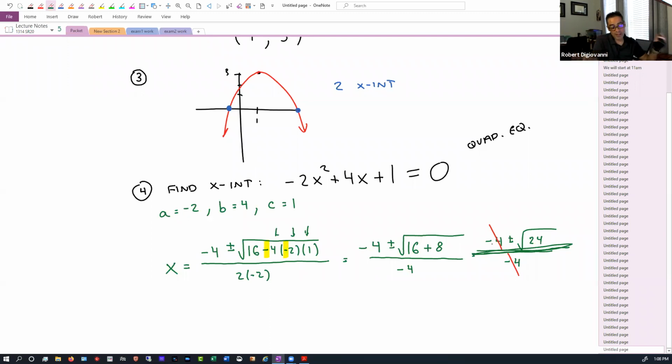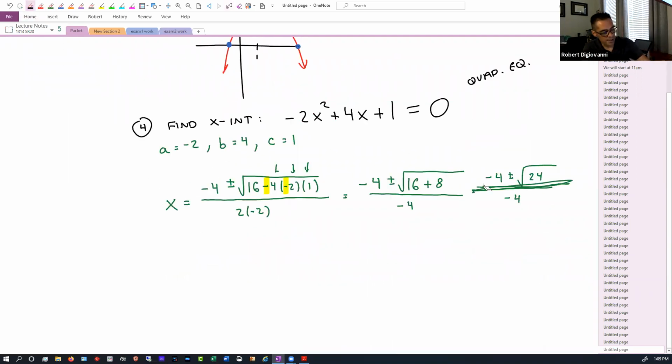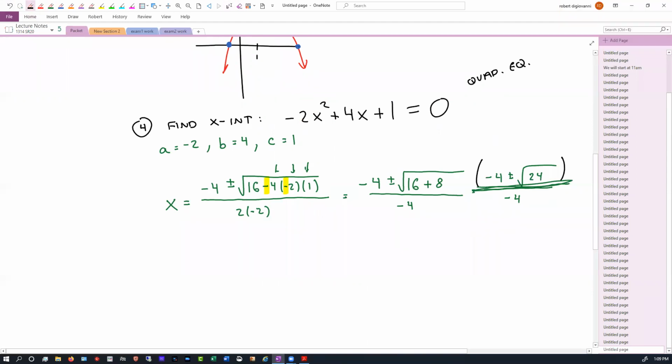So that's a common mistake. That's why I brought it up. Do not try and cancel those things out. Wait until you do everything on top first, then divide by -4. So it's almost like it puts this in parentheses and says, do all that first. That's what that long division bar means. All over my laptop.